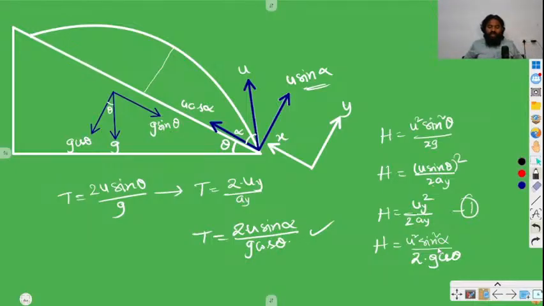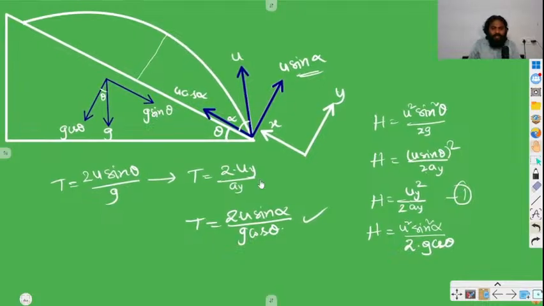Clear? Now if you want to find out the range, the range is along the x-axis only.